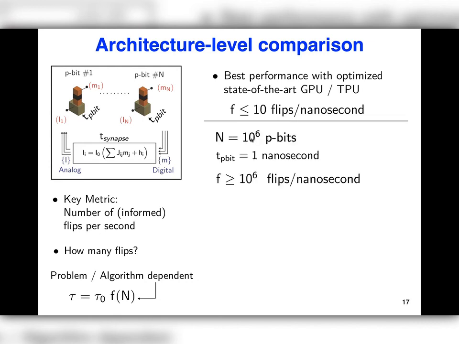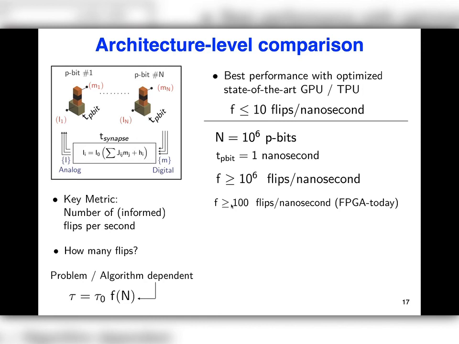Now, if you have 1 million p-bits, each flipping at a nanosecond or so, which has been experimentally demonstrated, then you can have 1 million flips per nanosecond. So that's a 5 order of magnitude improvement in this massively parallel architecture. Okay, so this is really the key to why this MTJ in this parallel architecture can be really helpful.